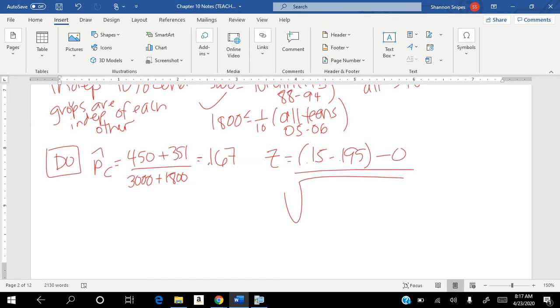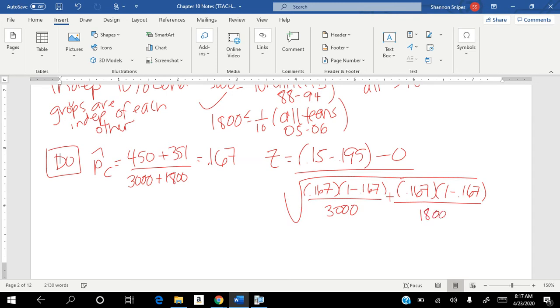So we're going to take our pooled proportion, 0.167, times 1 minus 0.167, divide that by our first sample size. And remember, we always add with standard deviations. So then we're going to do 0.167 times 1 minus 0.167 divided by 1,800.